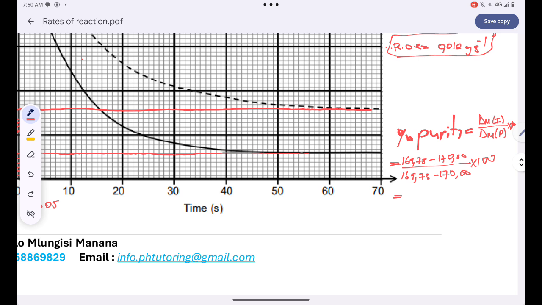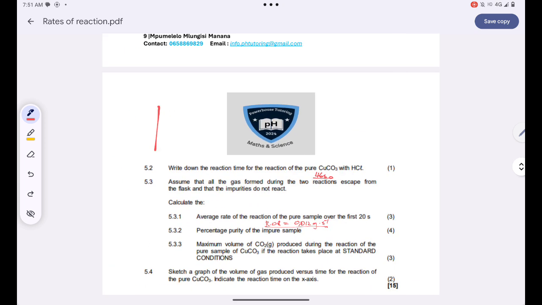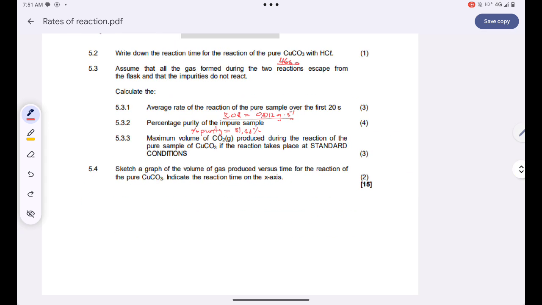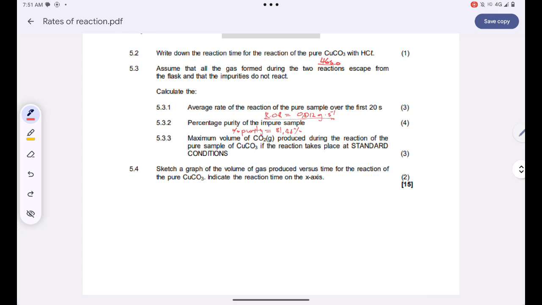You'll simply get a percentage purity of 81.48%. That's our percentage purity. Okay, now they want us to calculate the maximum volume of carbon dioxide produced during the reaction of the standard pure sample of copper carbonate, if the reaction takes place at standard conditions.